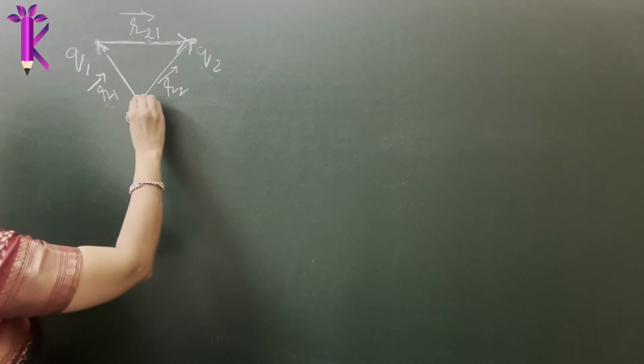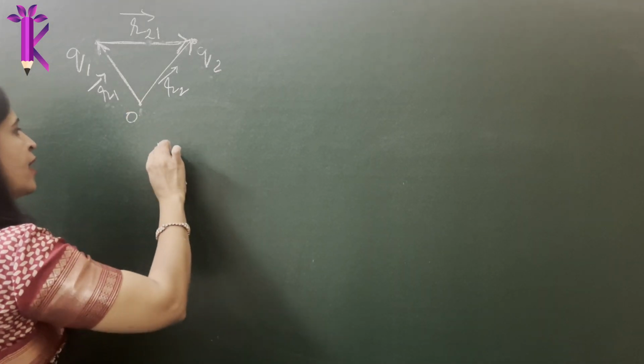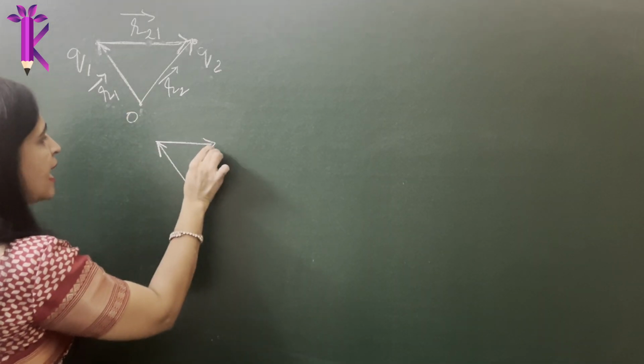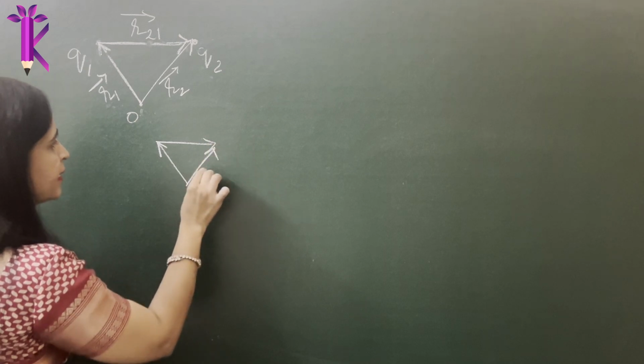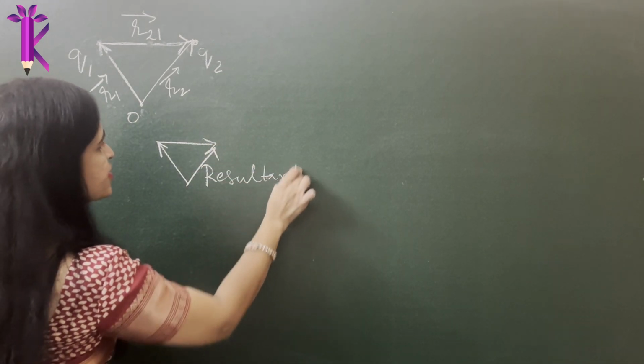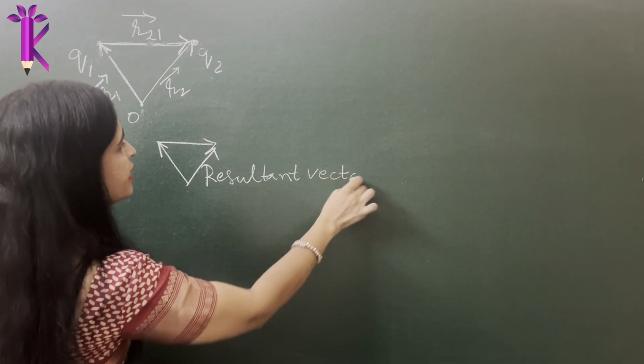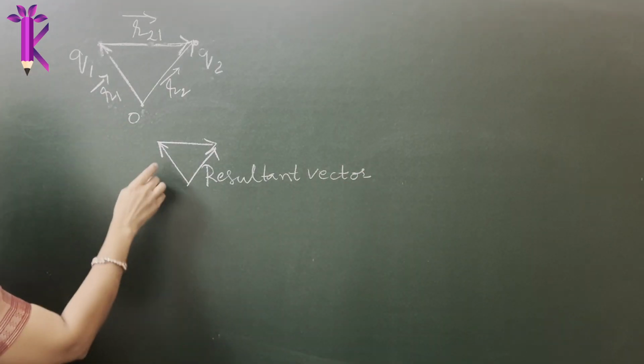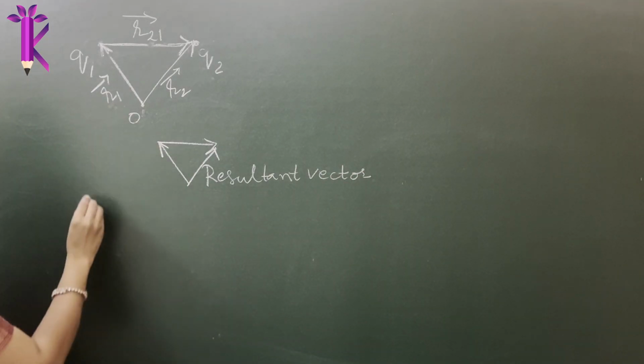Now when you have two vectors like this, this is called the resultant vector. So how do you add? This is called the triangle law of vector addition. So when you have two vectors, what is this vector?